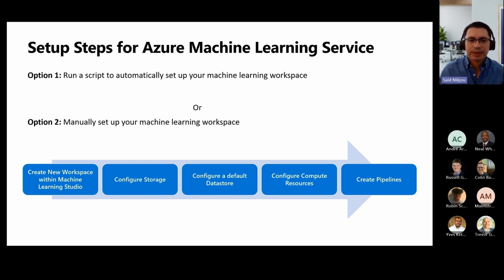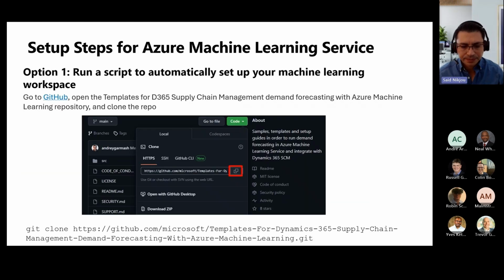The script automatically performs all the necessary steps to set up all of the required components. The second option is to manually set up the Azure Machine Learning workspace. In this session, we will go over option one. So let's review the details on how to run the script.